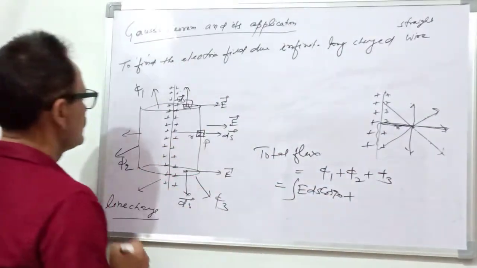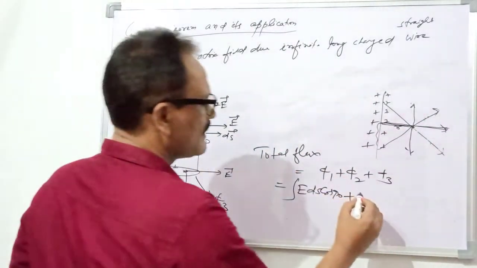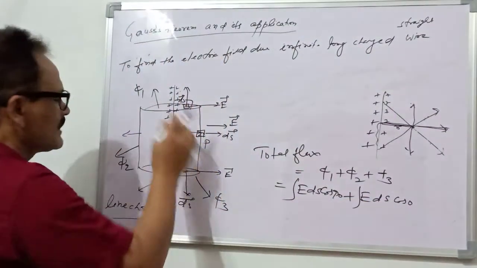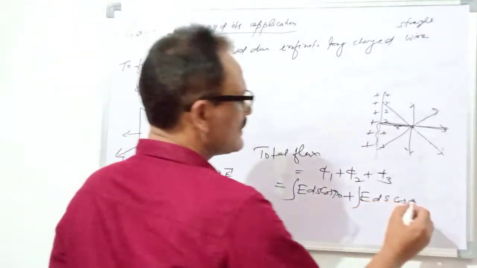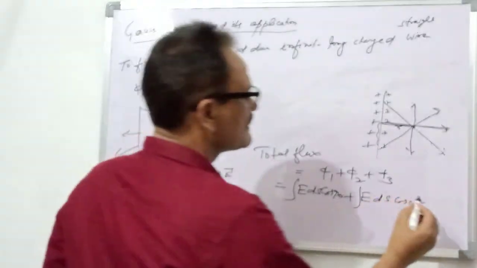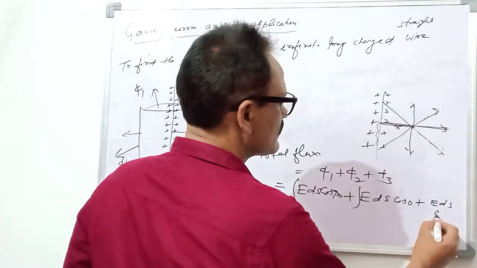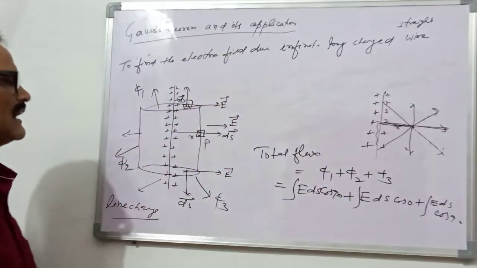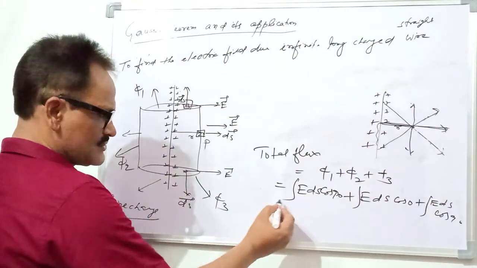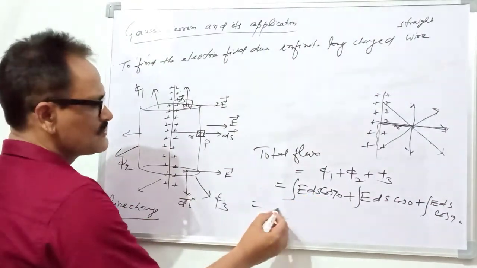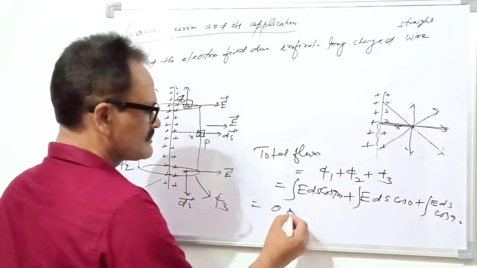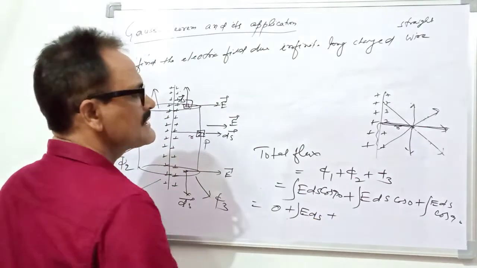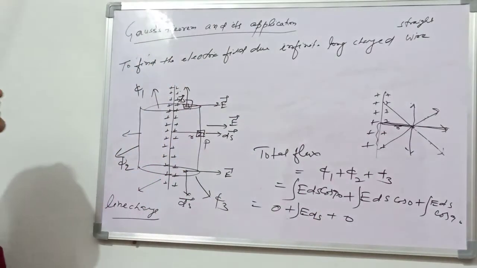For this surface, E ds cos 0, integrating we get the total curved surface, and for this flat surface, E ds cos 90. You know that the value of cos 90 is 0, so this is 0, and the value of cos 0 is 1, so it is E ds, and plus this is cos 90 which is 0 again, so it is E ds.